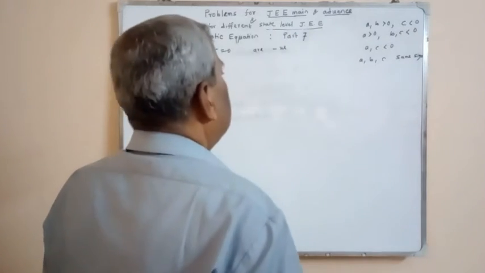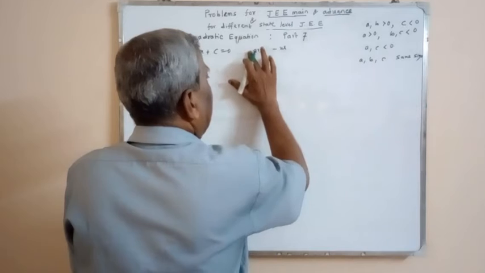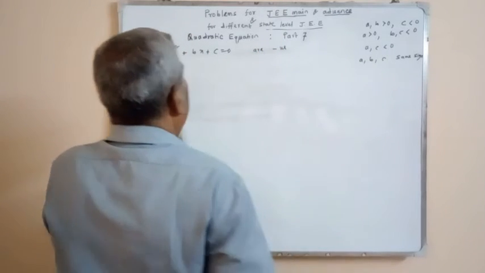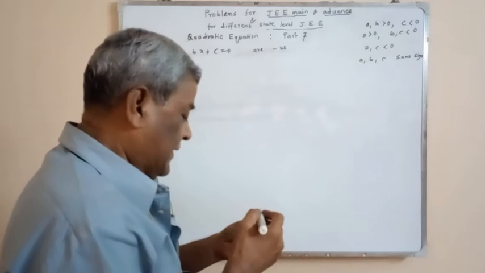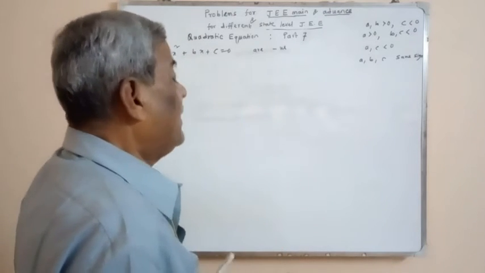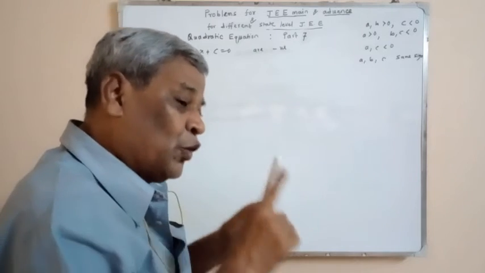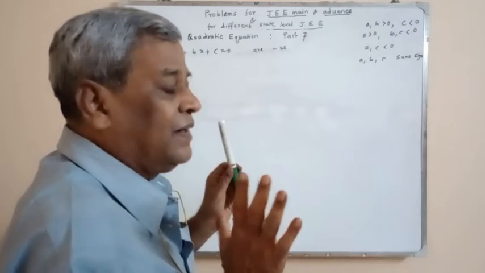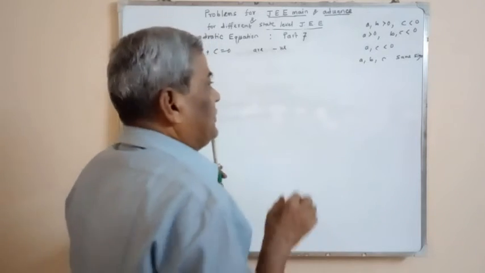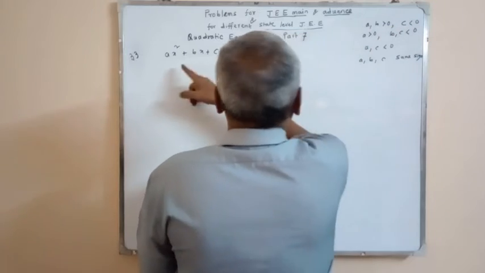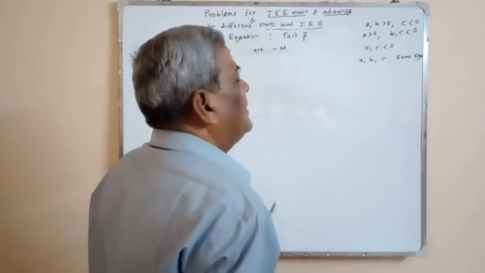Once again, the problem is this: a quadratic equation in standard form ax square plus bx plus c. If both its roots are negative, then what is the option?